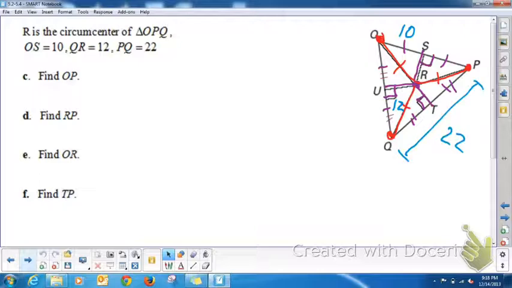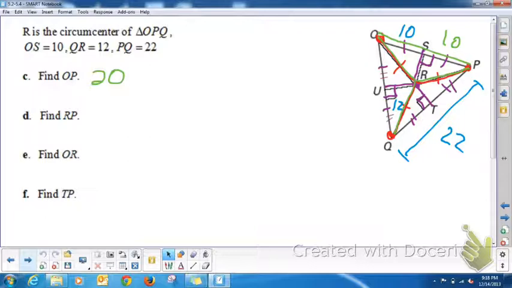Let's find some measures. Well, what would O to P be? If half of it is 10, then the whole thing would be two 10s, it would be 20. RP would be equidistant.